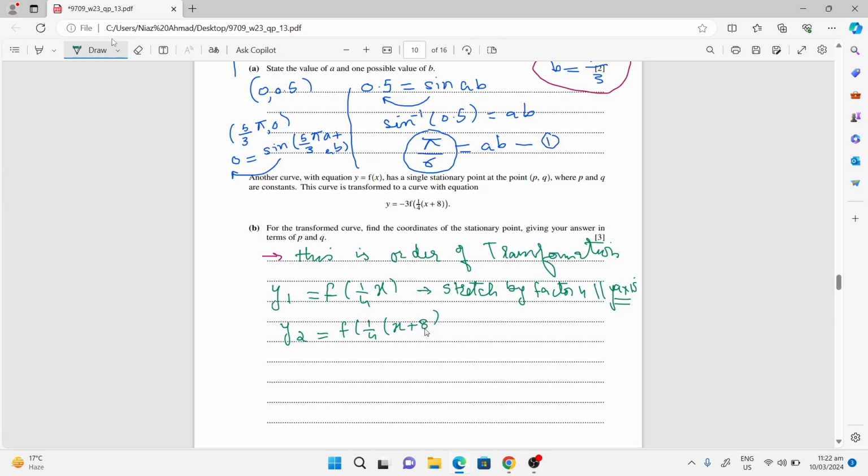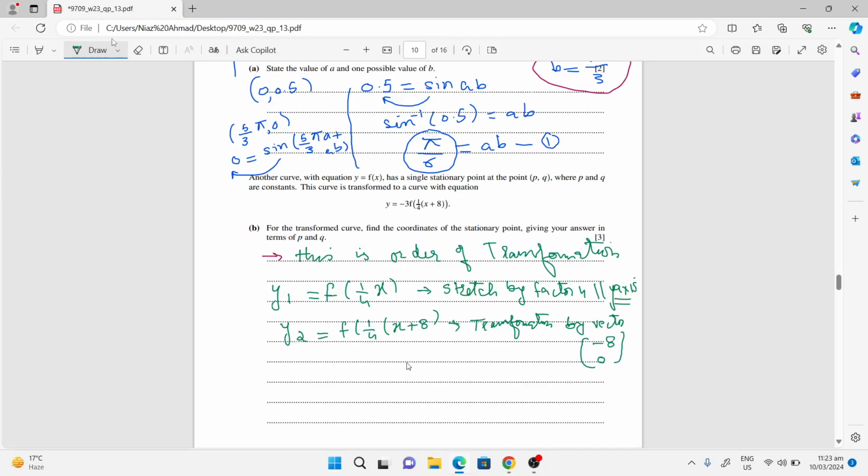If something is being added, you can write this is a transformation by a column vector. Just write the vector. If it is plus 8, it will be moving to the left side, so it will be the negative one. Negative 8, 0. This is your second transformation, y2.